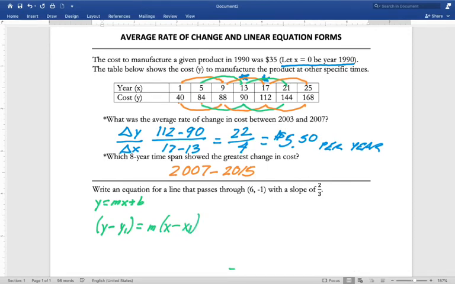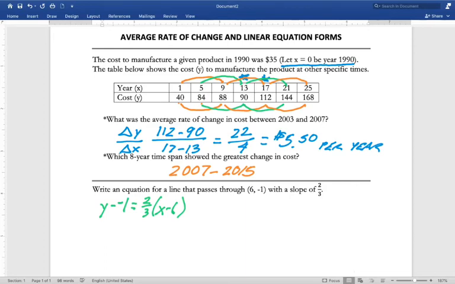Let's look at those in the situation that we have. If we were to write this line in point-slope form, we can just do y minus the y value, which is -1, and set that equal to the slope 2/3 times x minus 6. So that's point-slope form, and a lot of times on AP, point-slope form is just fine. It's a form of a line.